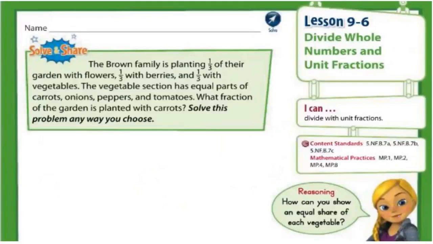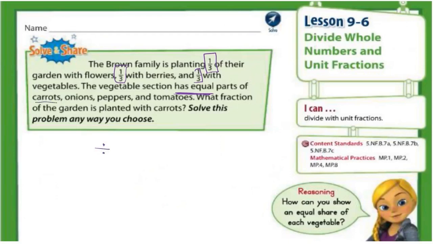The Brown family is planting a third of their garden with flowers, a third with berries, and another third with vegetables. The vegetable section has equal parts of. When we say has equal parts, it means we divide this third into parts. How many parts do we have?